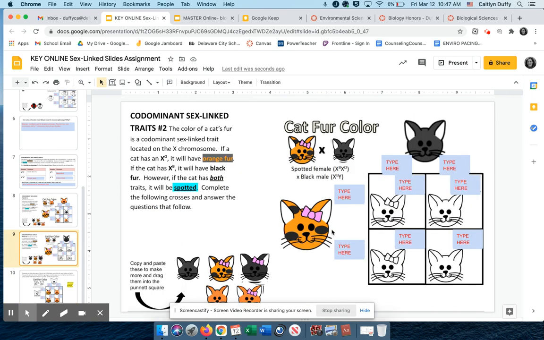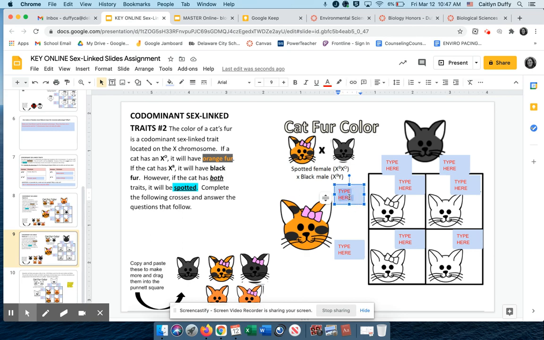So on this one, we have X^B X^O, so we have a spotted female, and we have X^B Y, so we have a black male.